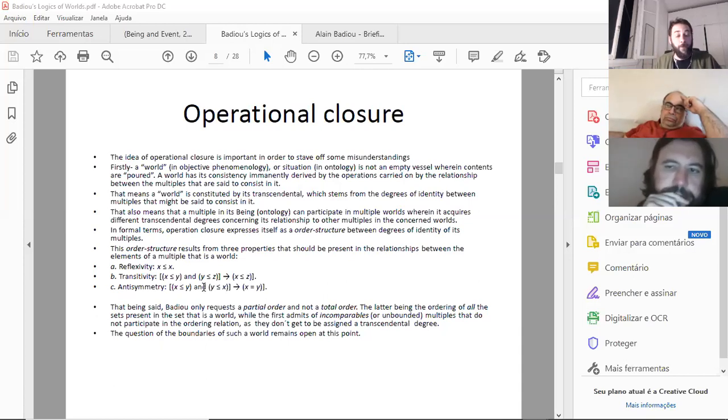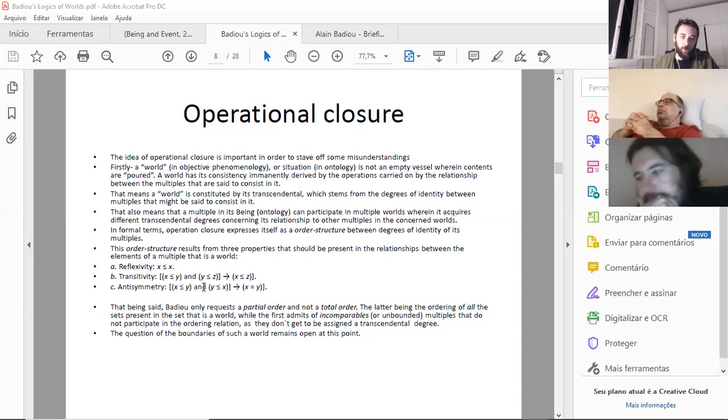Another thing is to ask, when we talk about order structure, are we talking about the transcendental or about the world in general, which I think is something else you asked. And I think that being a set with an order structure is what makes something a possible transcendental, right?